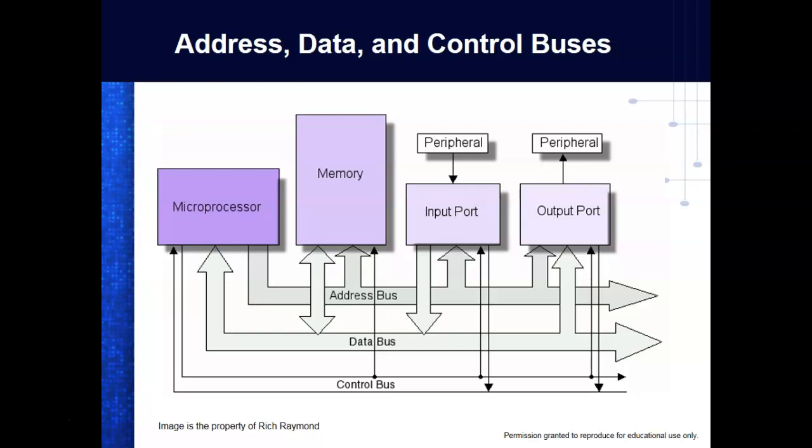Well, that's what the control bus does. So the microprocessor sends out signals on the control bus. The address bus selects, the communication takes place on the data bus, and the control bus controls the communication. One of the things it does is tell it which way to go, whether to put stuff in memory or to get stuff out of the memory.